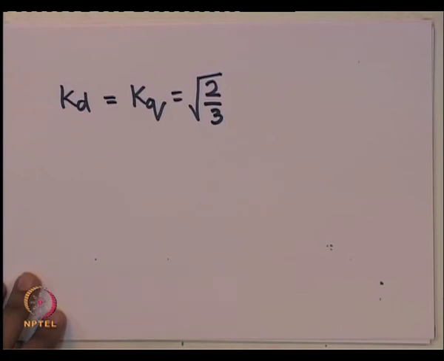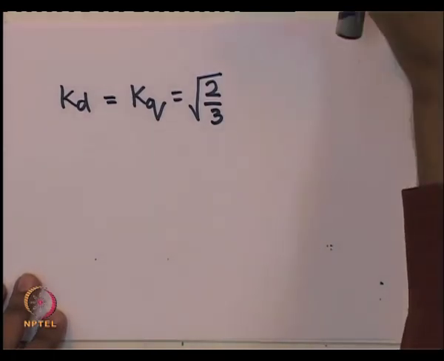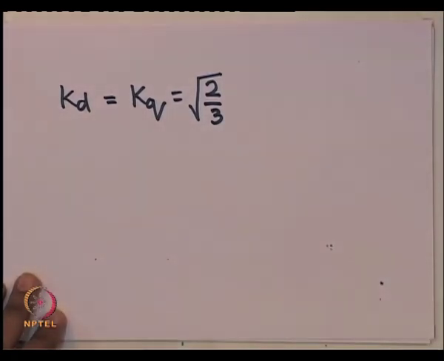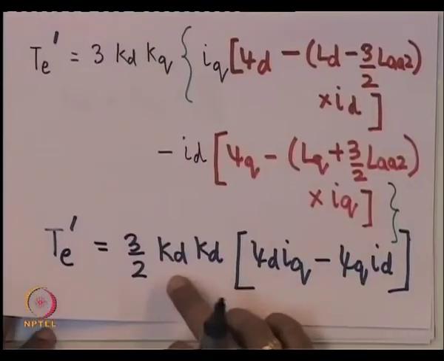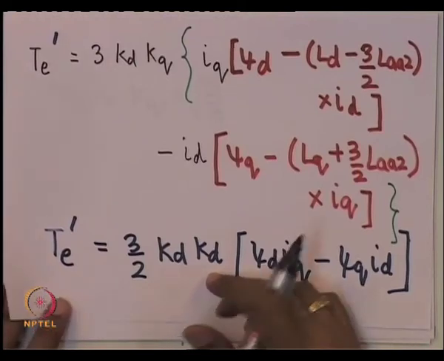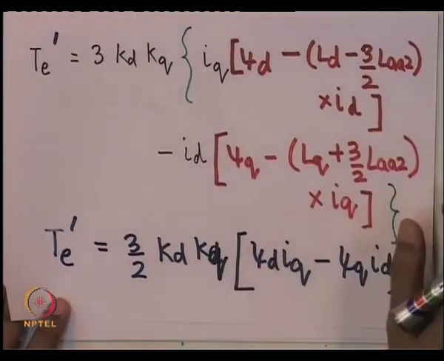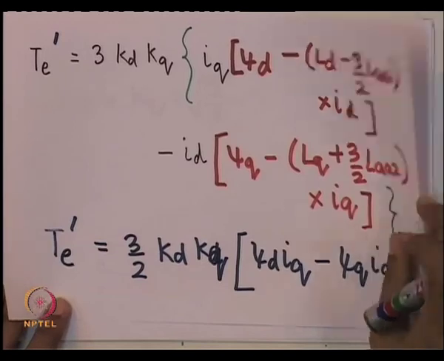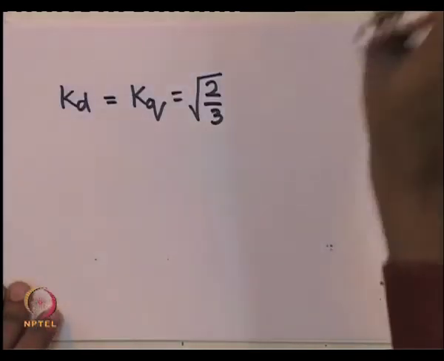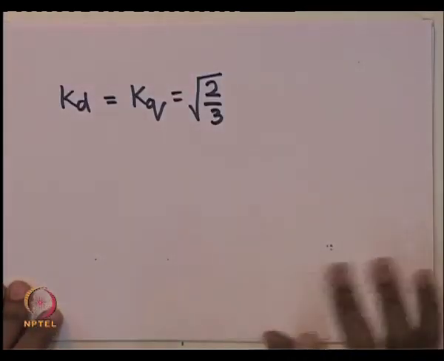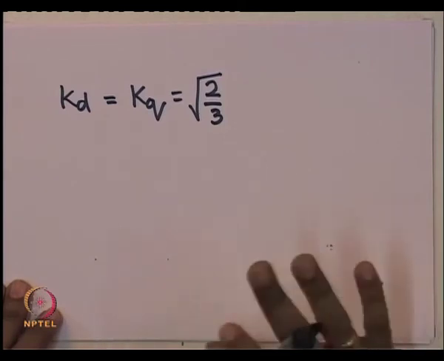Remember that Kd, Kq do appear in the flux current relationship as well as the flux differential equations, as well as in the torque expression here. Okay. Sorry, this should be Kq, but the fact remains that although Kd, Kq do appear, theta does not appear.